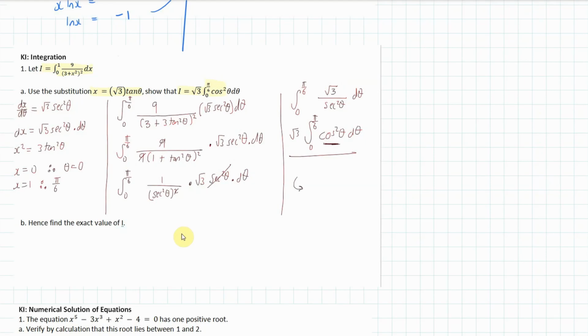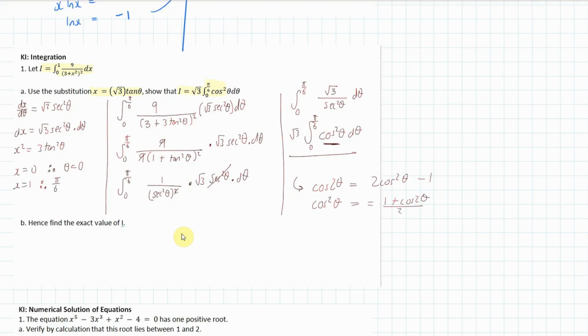So we're going to use our double angle rule. Remember, cosine 2 theta is equal to 2 cosine squared theta minus 1. And so cosine squared theta, with a little bit of rearrangement, equals 1 plus cosine 2 theta all over 2. And now we can replace that.